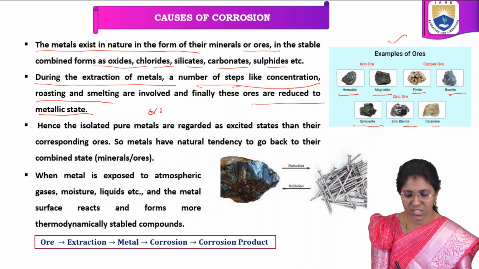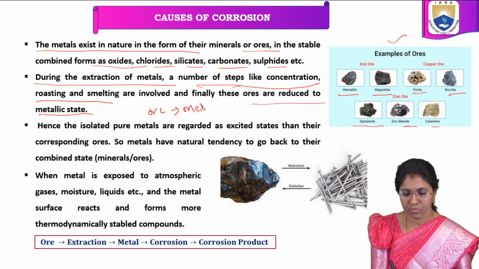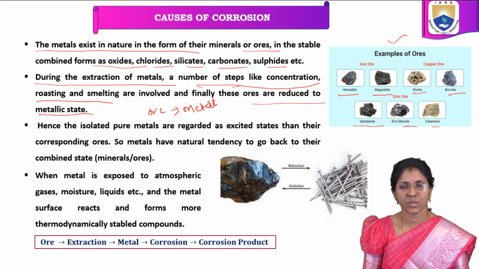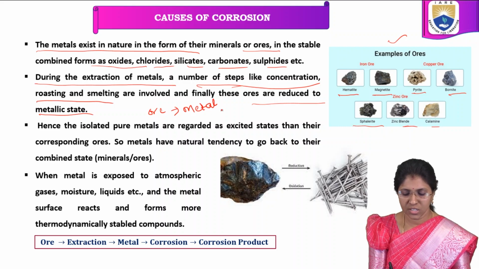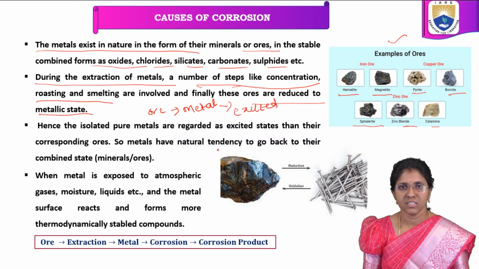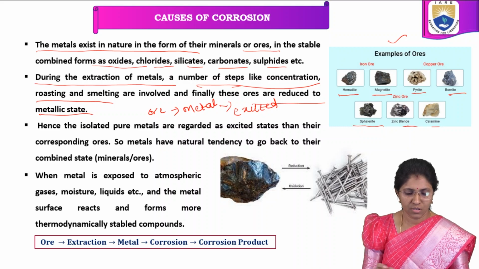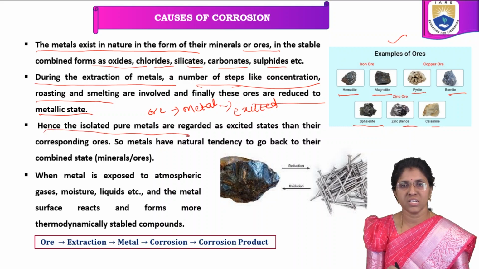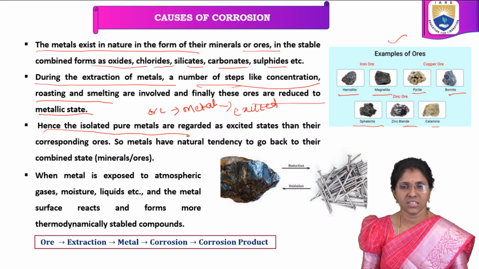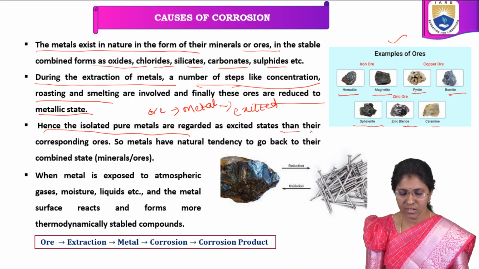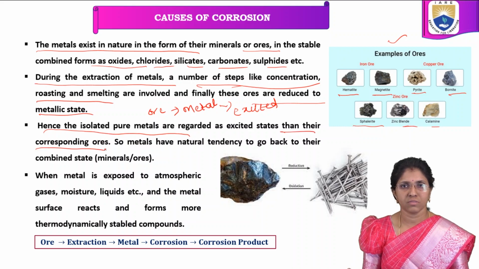Here ore is converted into metal by using different steps. Hence this metal is said to be in an excited state, not in the stable state. In the ore form only, the metal is in the stable state. So the isolated pure metals are regarded as being in excited states compared with their corresponding ores.